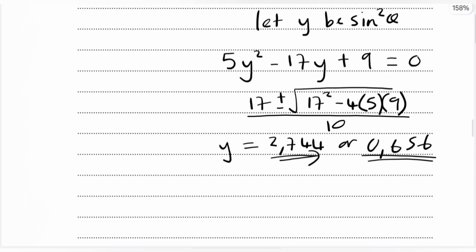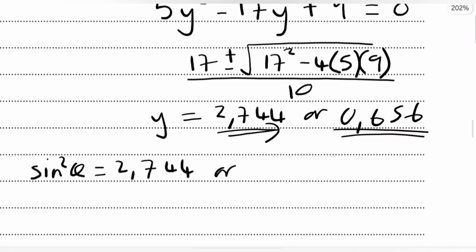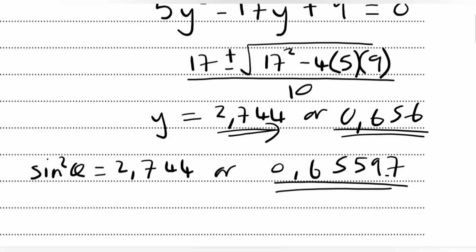So these are the two values of what? Of y. But we know that y is standing in for sine squared. So we're going to replace y with sine squared. Sine squared theta is equal to 2.744 or 0.65597, right?